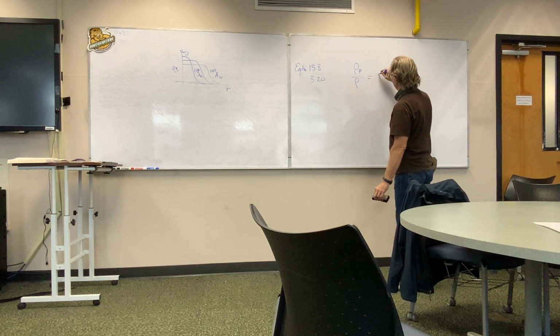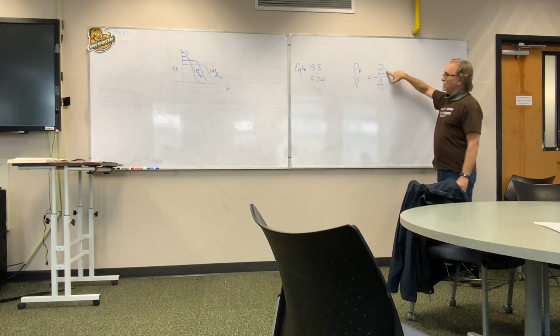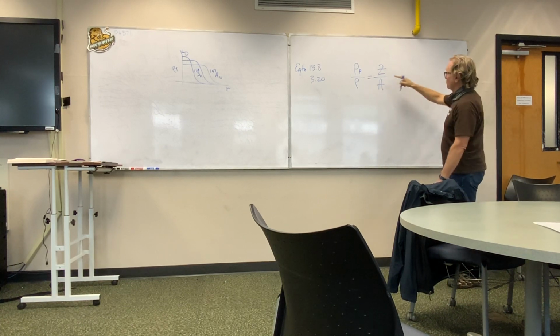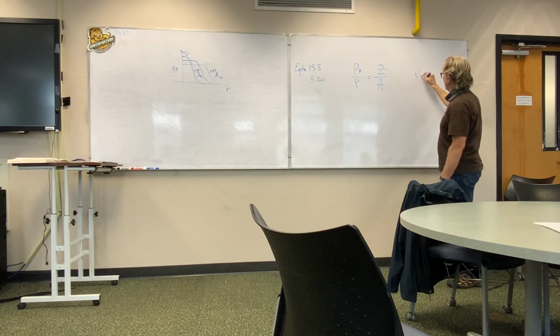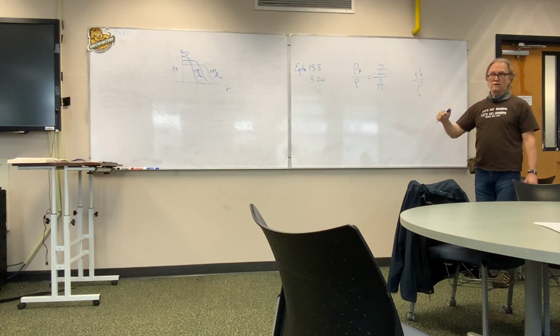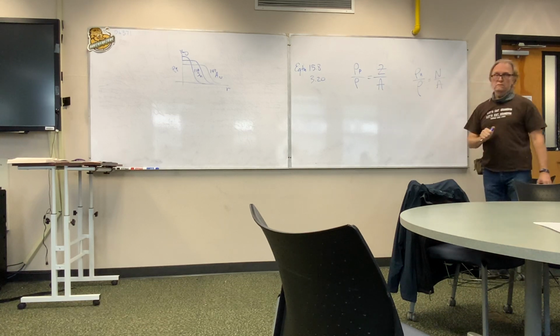That is equal to, we claim, Z over A. Z is the number of protons, A is the number of nucleons. So from that, it's not too difficult to show that the density of neutrons over the density of nucleons is N over A.